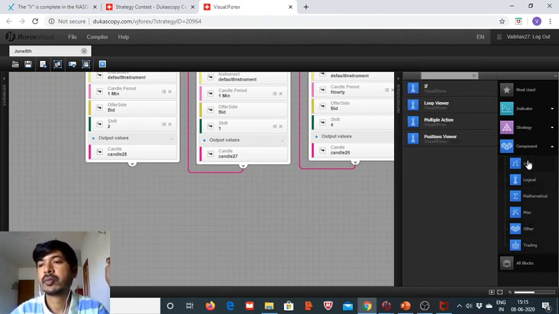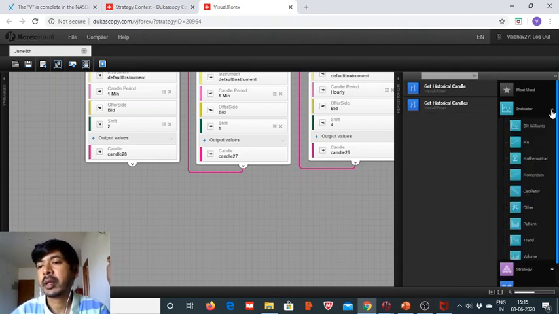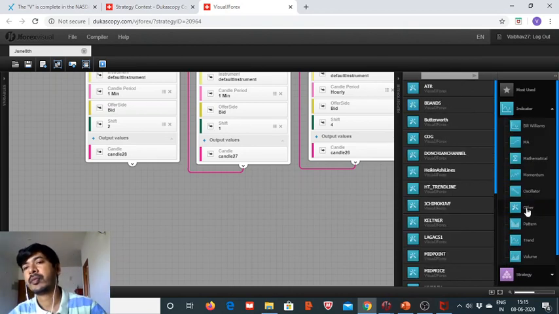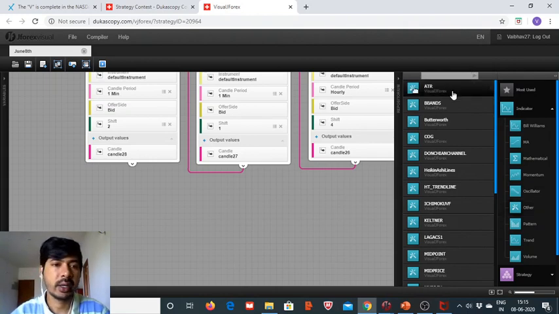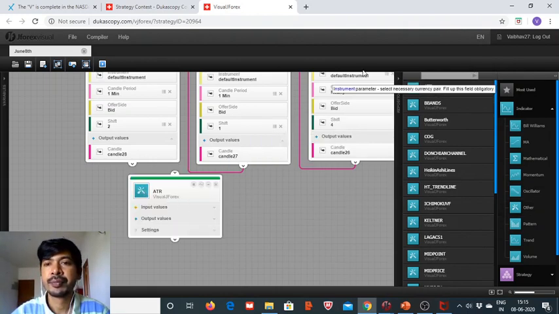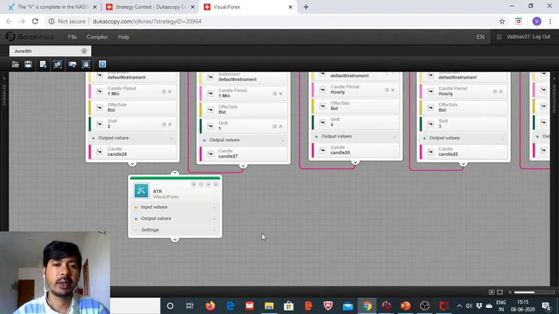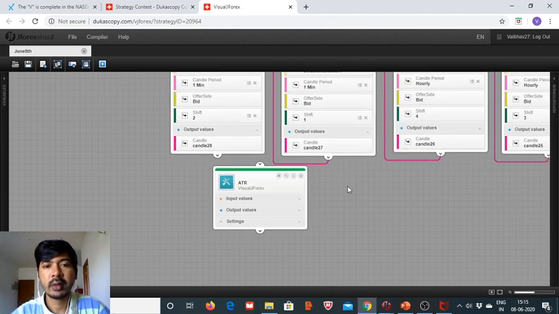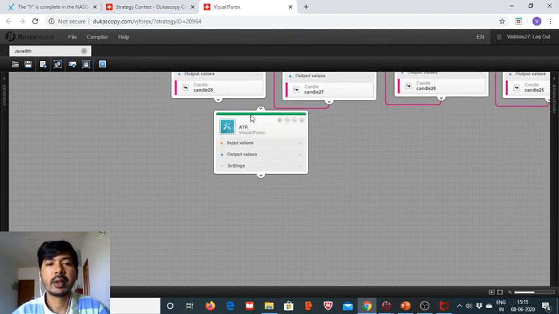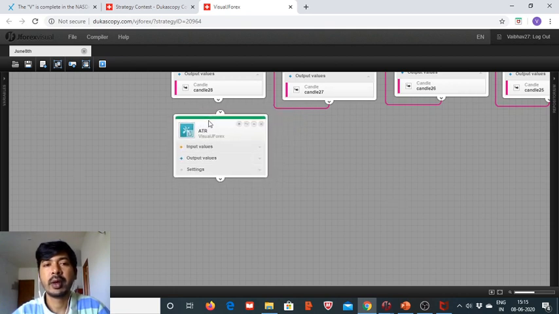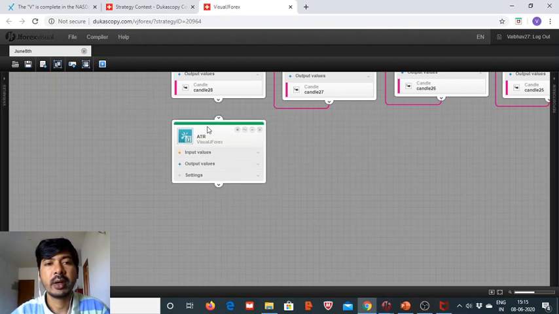Okay, indicator. Here we got the ATR. Now ATR can be utilized in terms of hour or even in terms of day, for helping us pinpoint the entry and the exit point.